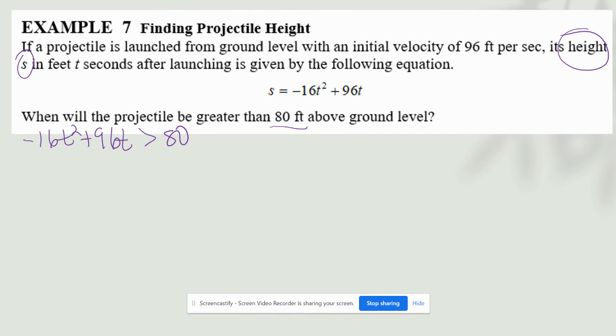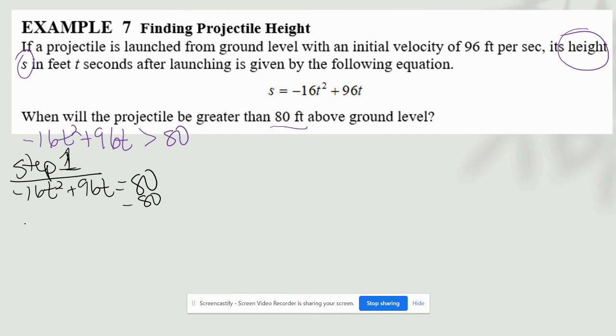All right. If we're following our steps, step 1, we ignore the inequality and we have to solve. So we have negative 16t squared plus 96t is equal to 80. Well, remember, we can't do anything with quadratic formula or factoring unless it's equal to 0.